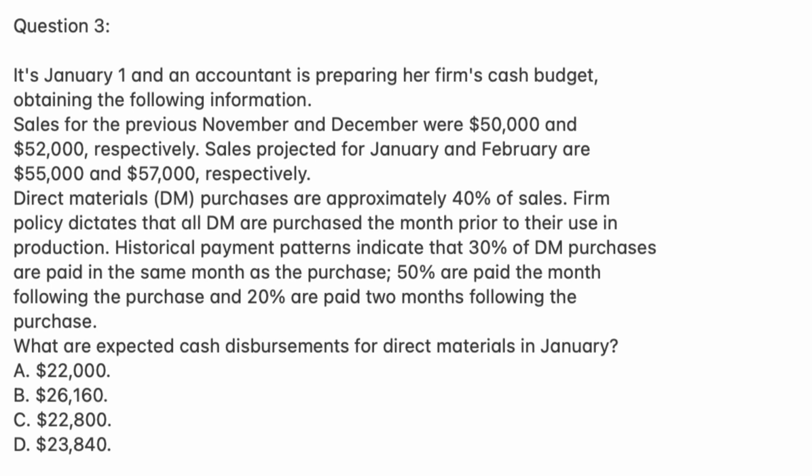Question 3. It's January 1st and an accountant is preparing her firm's cash budget. Obtaining the following information. Sales for the previous November and December were $50,000 and $52,000, respectively. Sales projected for January and February are $55,000 and $57,000, respectively. Direct materials, DM, purchases are approximately 40% of sales.